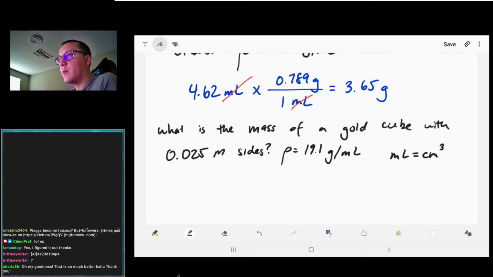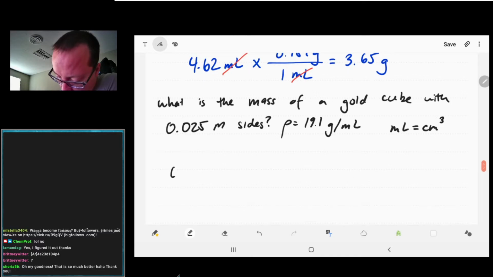So we will want to find our volume in centimeters cubed. We can either cube our 0.025 meters already, or we can convert that to centimeters right away and then cube it there. Either way, you'll get the same answer. For fun, let's go ahead and do both.